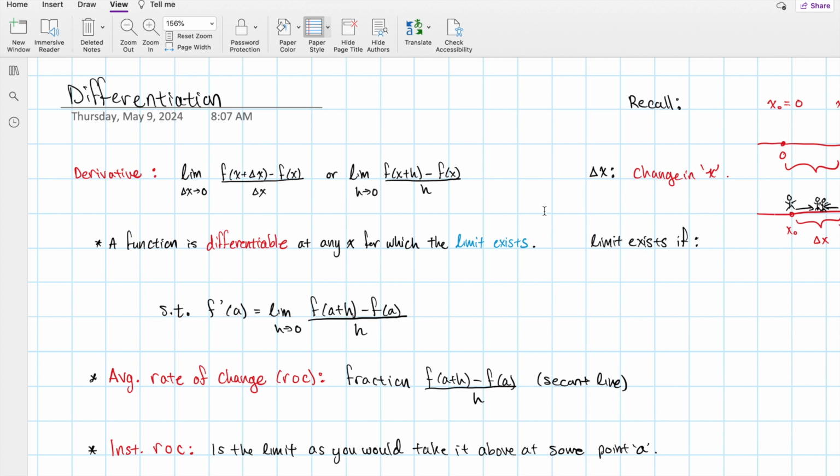A function is differentiable, meaning it can be differentiated using this limit, at any x for which the limit exists. So we're talking about limits again.